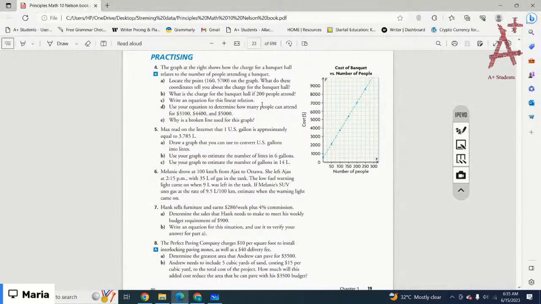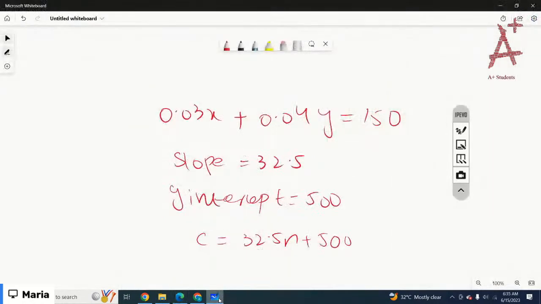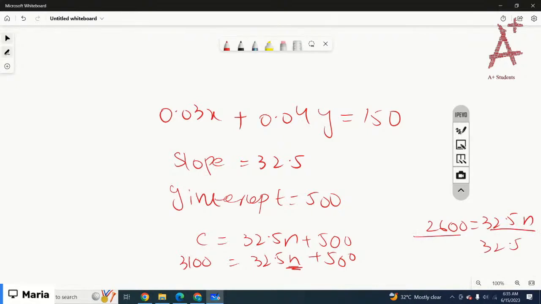use your equation to determine how many people can attend for 3100. Got it? You are given the cost, that is 3100. Just put the value of cost here, 3100, and calculate the value of n. Just move 500 to the other side. Let me do the calculations. It would be 3100 minus 500, that is 2600. 2600 equals 32.5 n, and now divide both sides by 32.5.